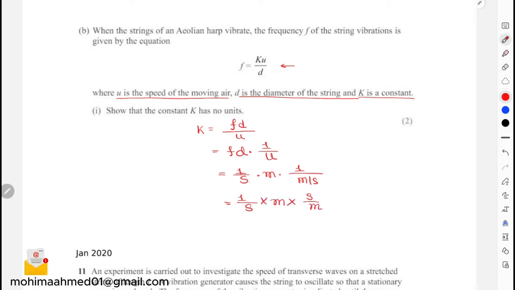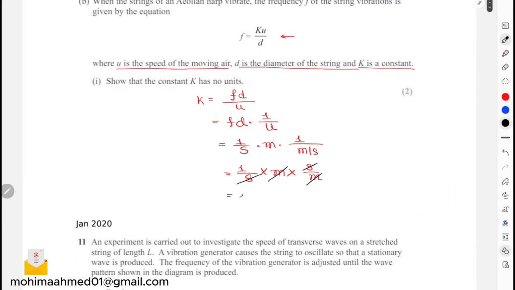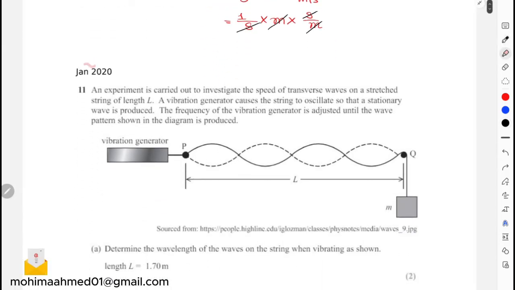So obviously this meter per second in the denominator is going to get inverted, and finally the second gets cancelled out, meters get cancelled out. Finally, you're going to be left with just 1, right? So that means the constant k doesn't have any unit. Everything gets cancelled out at the end of the calculation. Okay, and then we'll move on to the next question. This is again for standing waves.